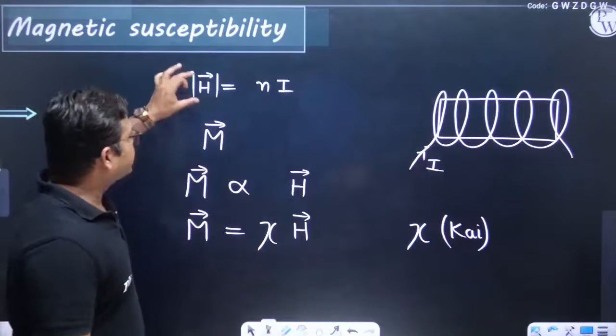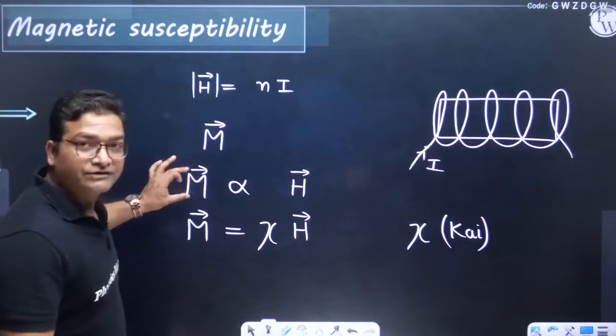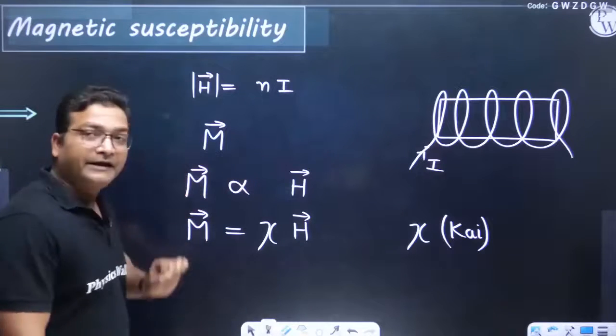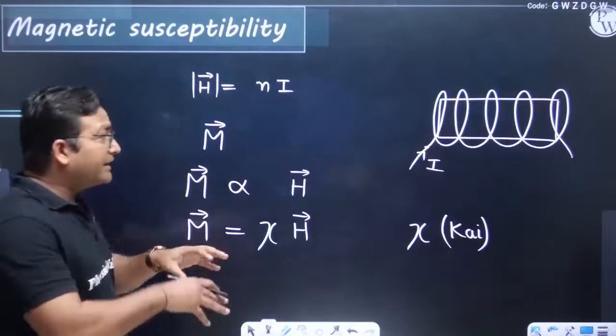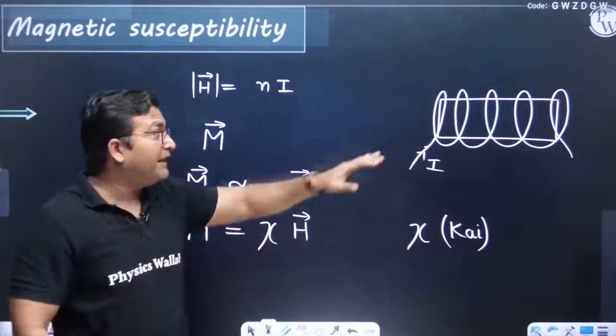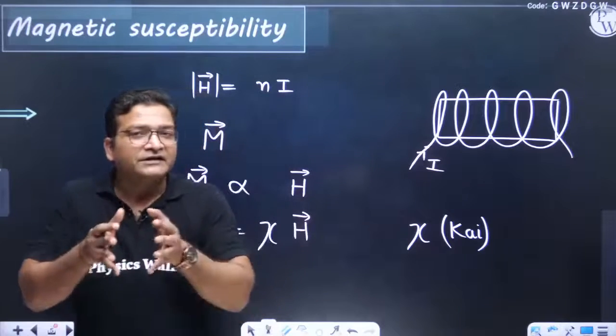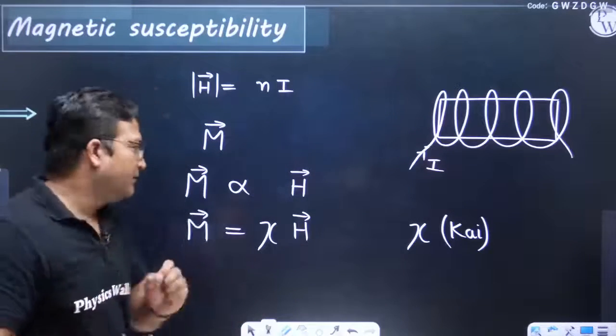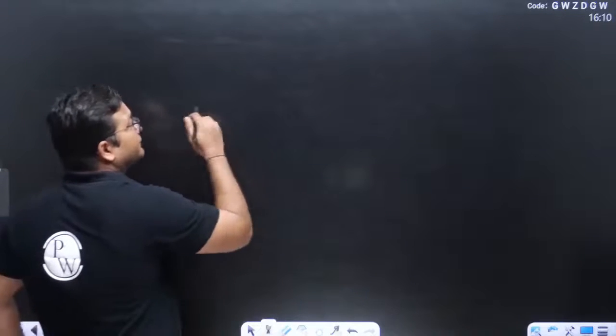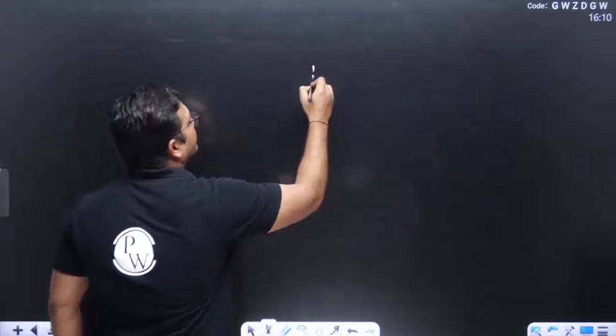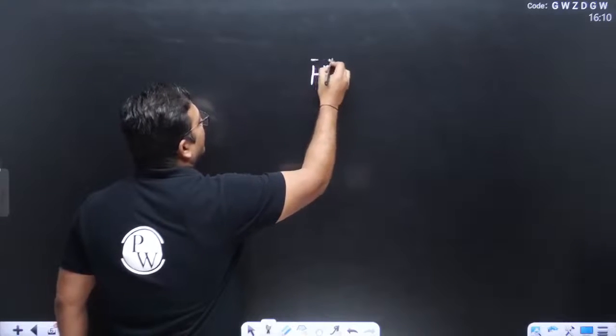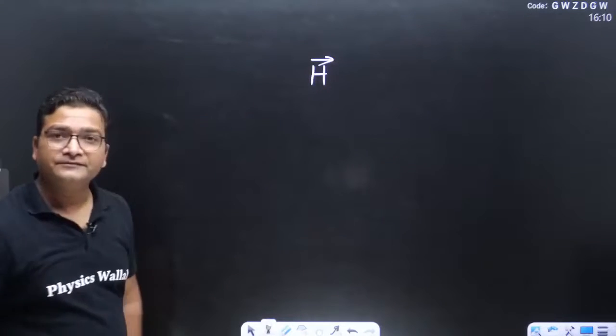So H is the cause for magnetization. And when the magnetized material is placed where the H field exists, there exists a net magnetic field. So let me tell you the real formula. Actually, first we applied some H field.